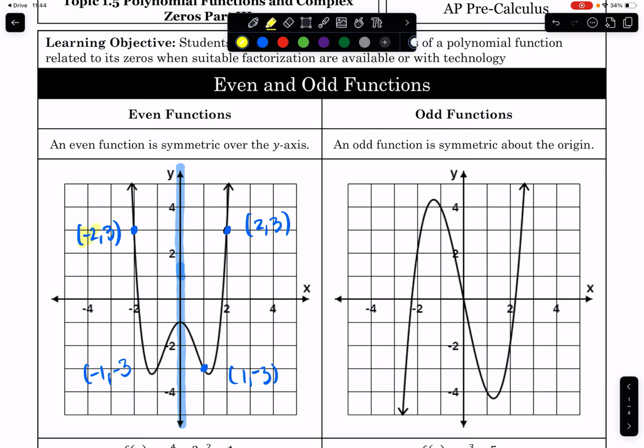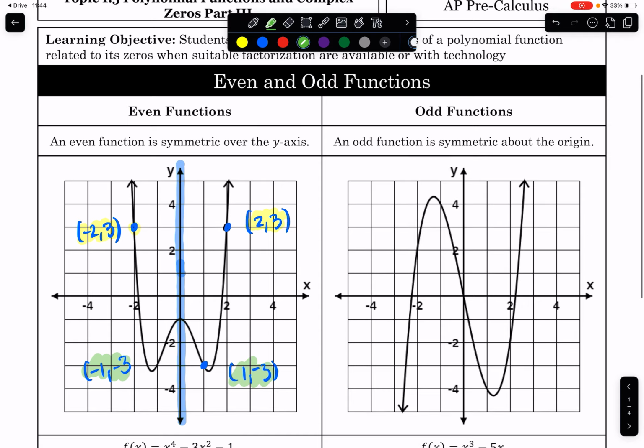Notice that this coordinate has the same y coordinate, but the opposite x's. So opposite x's give us the same y. And the same thing with this one down here. This point and this point have the opposite x's, but the exact same y. So this is the characteristics of an even function.